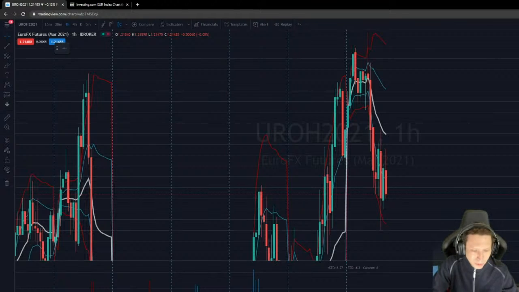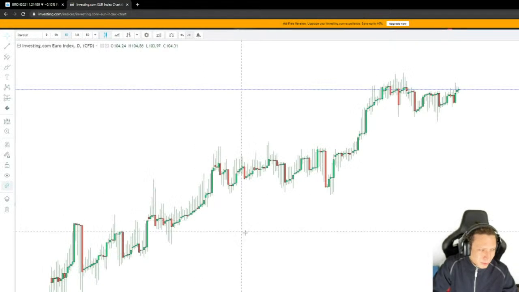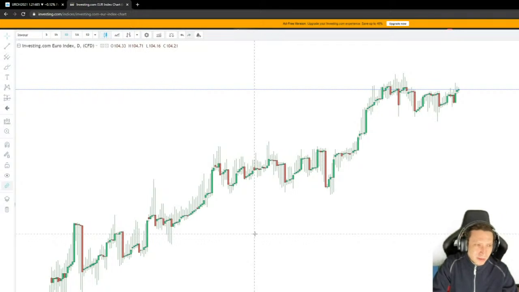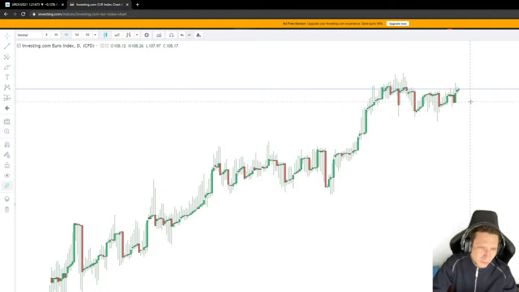So you will know if the euro is actually stronger or not. Here is the euro basket, so it's the euro compared with all the other currencies that it trades with. I'm looking at the daily chart, and I can see that during the last 3 days the euro has been stronger than the other currencies. So I know now that the euro is actually the strong one.